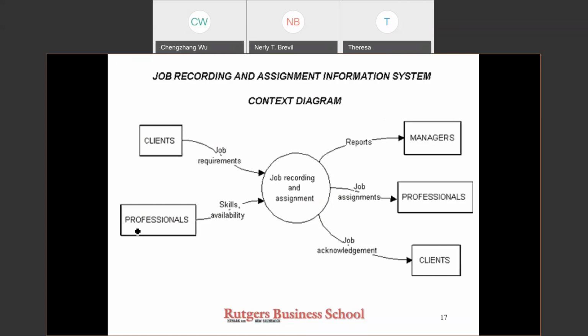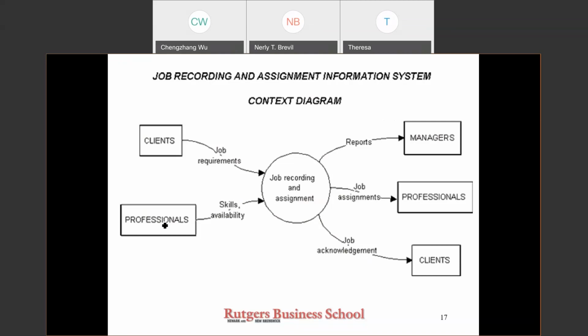accounting firm example, consider an information system for recording client jobs and the assignment of professionals to jobs. The system accepts inputs from two entities, one external and one internal. The external one is clients and internal one is professionals.